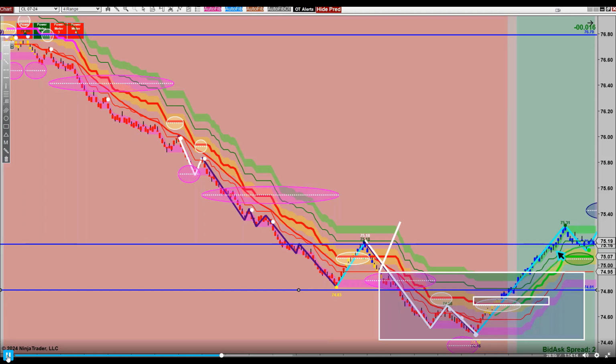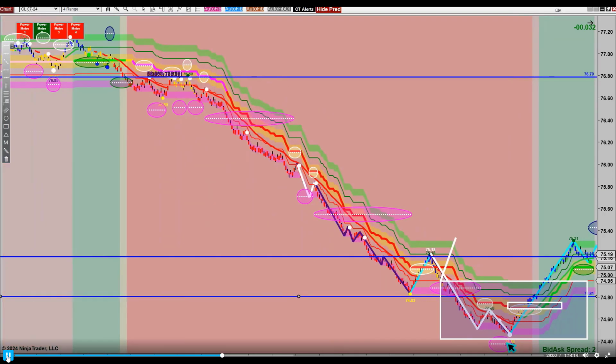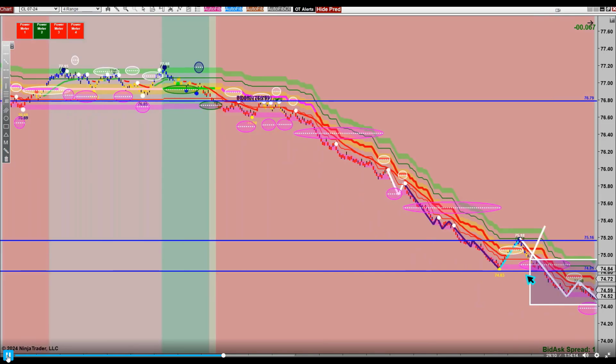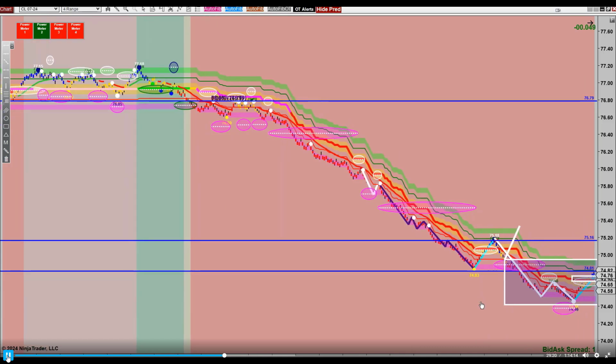Now, here's one area that I don't agree with Apex's rules, okay? Let's say that you had been short from here and you were holding this trade, seeing if it would hit its head here, for instance, and you see what it did do, but what if it would have hit its head right here instead? What if you stayed short? And then you said, whoa, wait a minute, Gary's calling along here. I better flip this trade.